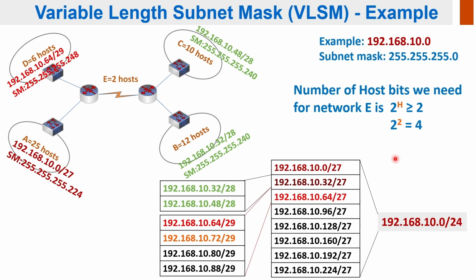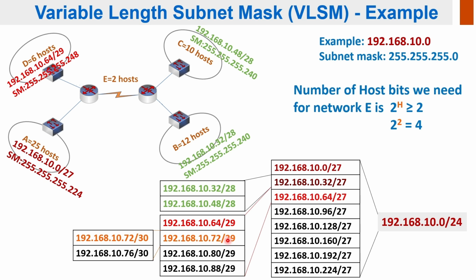You already know why we are taking the 2 bits, right? Because of the formula 2 to the power h minus 2. Okay, so now we are selecting the next available lowest subnetwork, which is 192.168.10.72/29. How many bits can we borrow? We need 2 bits for host addresses, and we have 3 bits available, so 1 bit we can borrow.